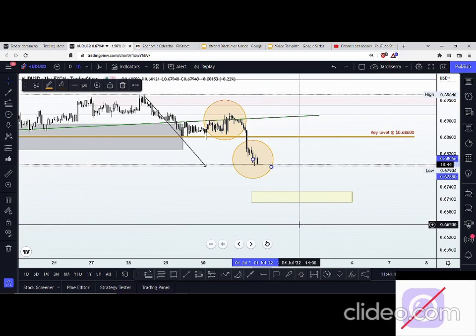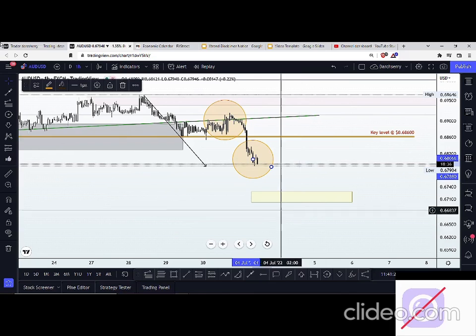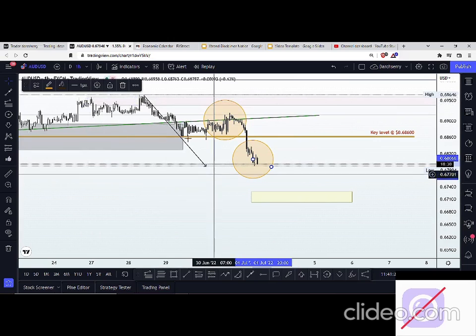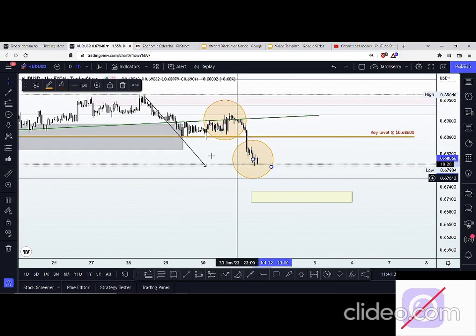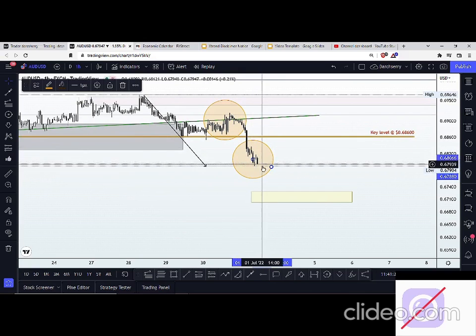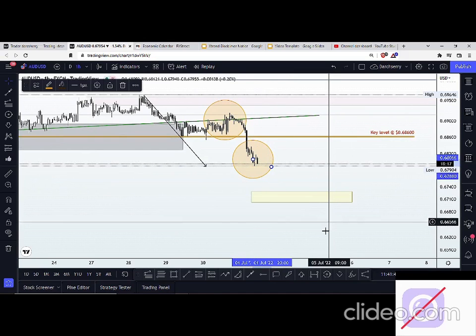When this impulse leg ends, we want to run our Fibonacci extension tool from the point at 0.6950, which is around here where price action started last week, and extend from this point to wherever it ends, into the future, aiming at the 127.2 and 141.4 area as our take profit target.